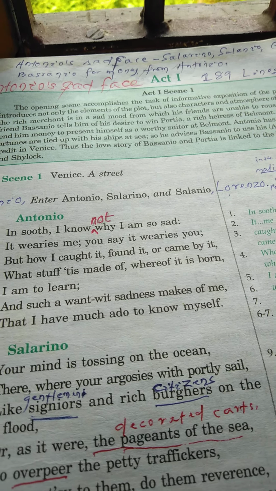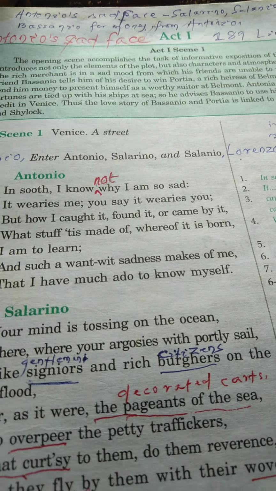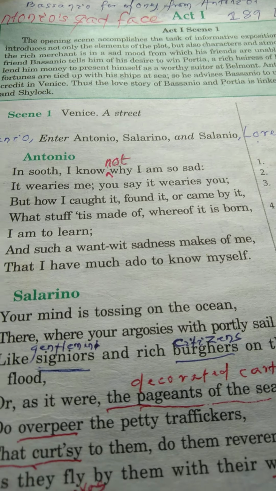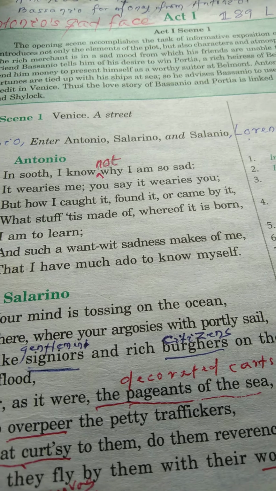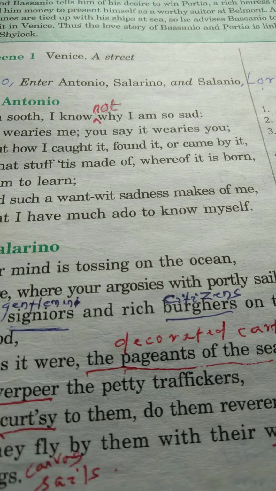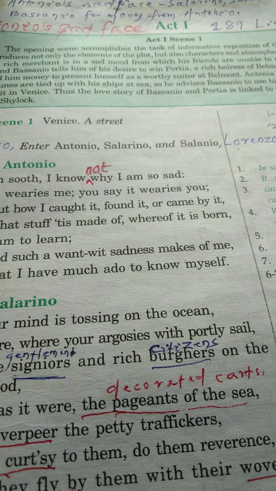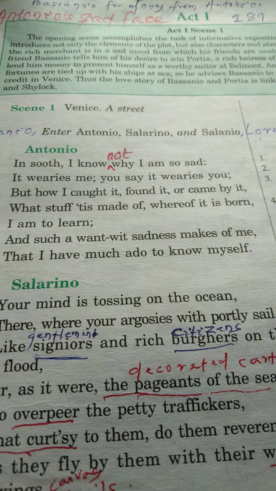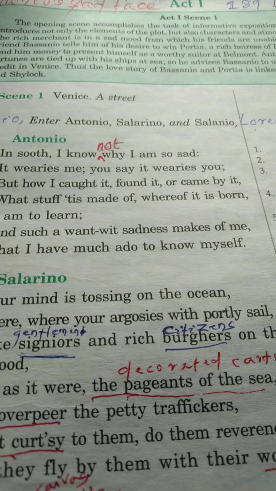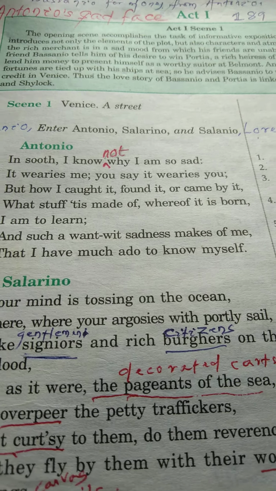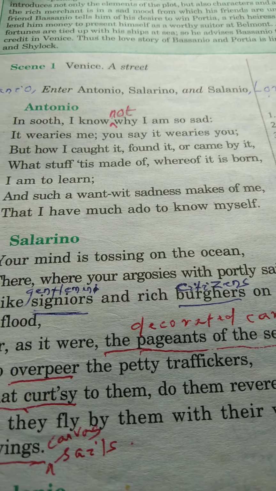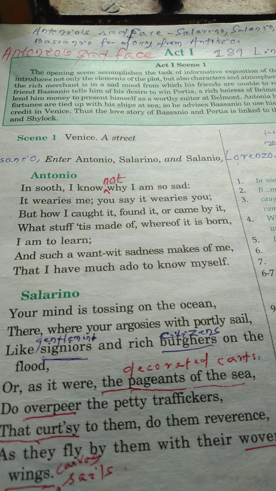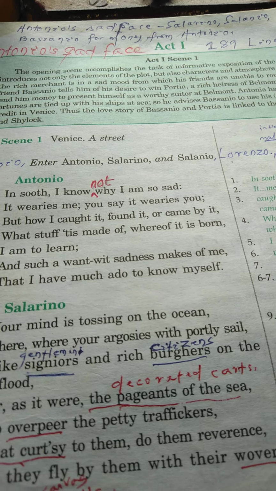In a human society, as gentlefolk and citizens accumulate a very important and respectable position, so are Antonio's ships in the sea among other small ships. Hence the comparison. Or, as it were, the pageants of the sea.